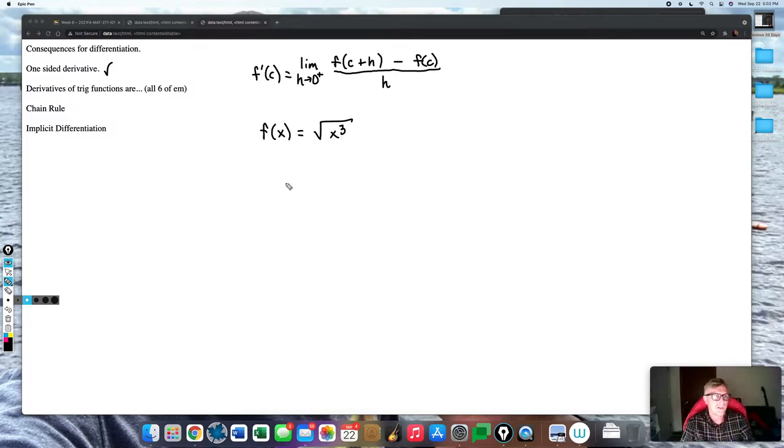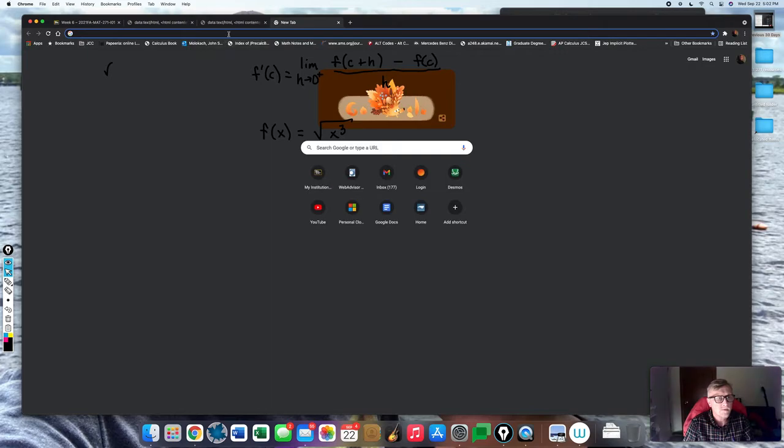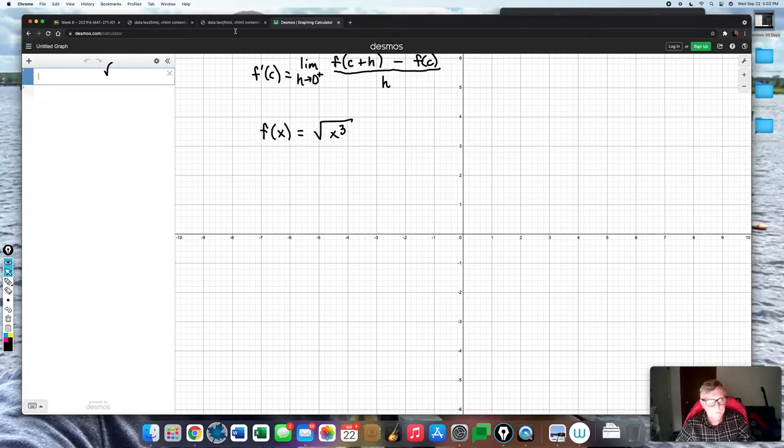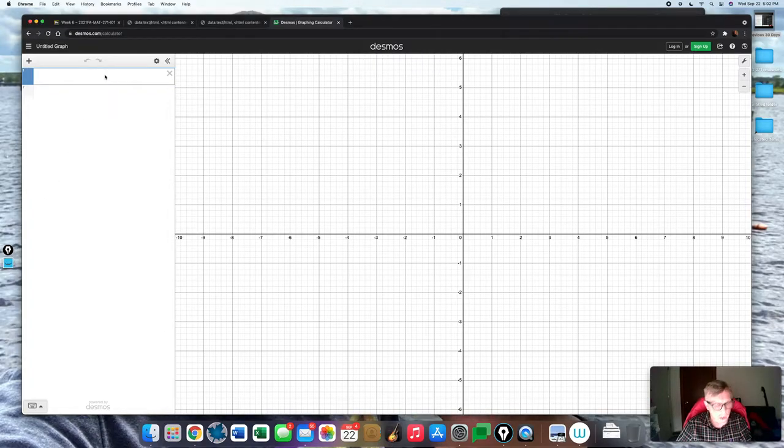So what does that look like? Well, I can just quickly show you a Desmos graph. Let me hide my ink here. Let's just go ahead and graph that real quick, and I'll show you the square root of x cubed.